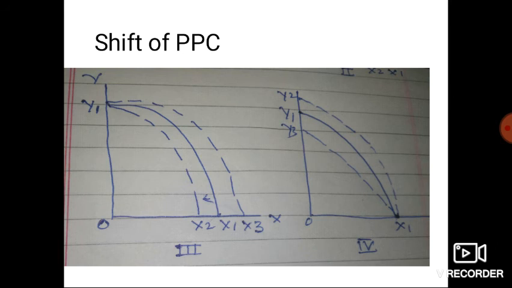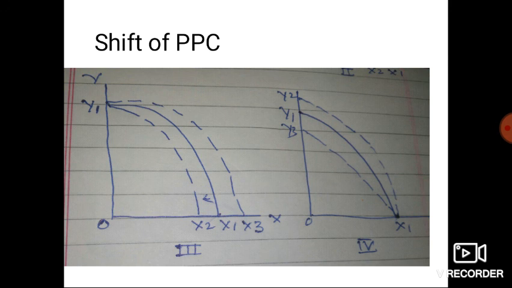Why does the X commodity remain constant? As I told you earlier in case number 3, in this case we can clearly say that the technique used in production of X commodity is constant, but only the technique of production of Y commodity has been changed. That's why it is changing, and all other factors are constant.